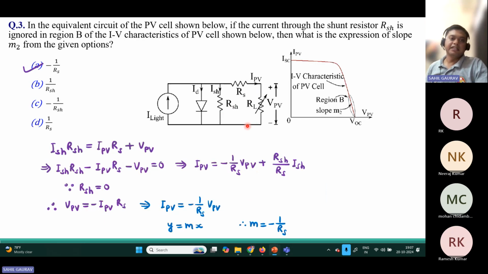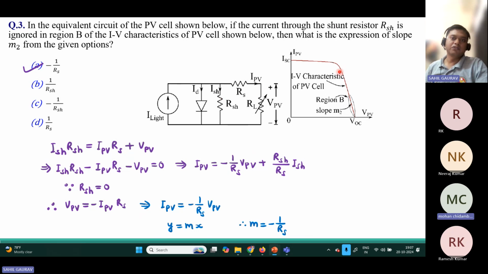Now in the next problem, they are asking about the slope M2 for this region. Here the current through the shunt resistor RSH, that is ISH, is ignored in this region of the IV characteristic of the PV cell.